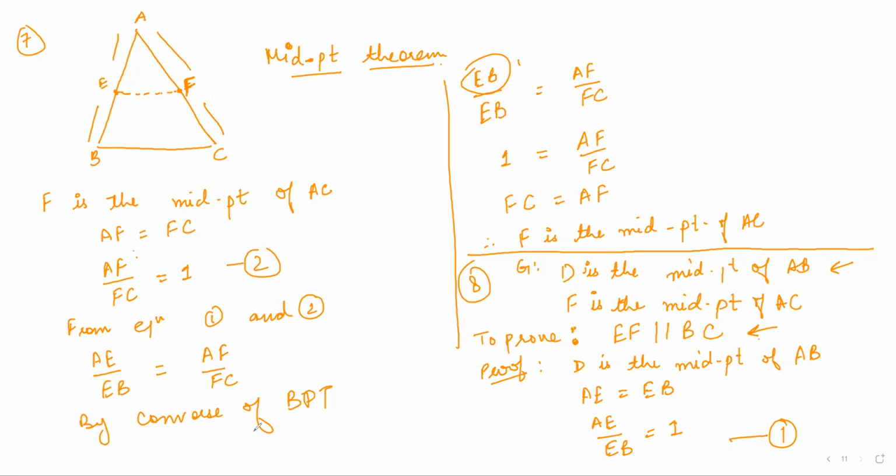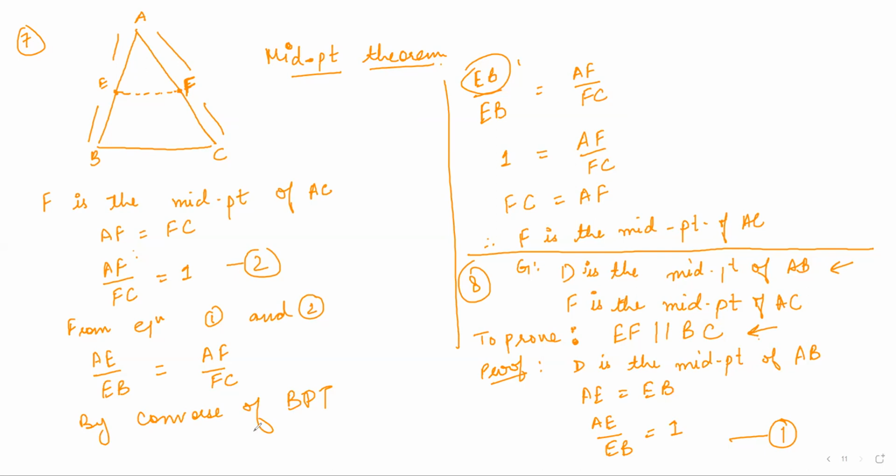BPT means when a line is drawn parallel to one side to intersect the other two sides in distinct points. For example, EF is parallel to BC. What will BPT say?